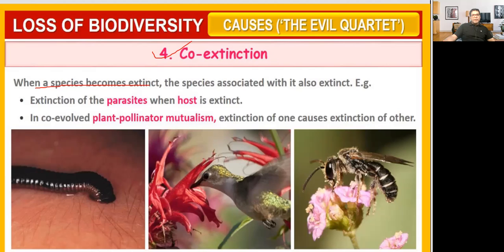So, extinction of a parasite when its host is extinct. In co-evolved plant-pollinator mutualism, extinction of one causes extinction of the other. Like this is a vase, and this is a flower. If this vase will disappear, this plant will also become extinct.